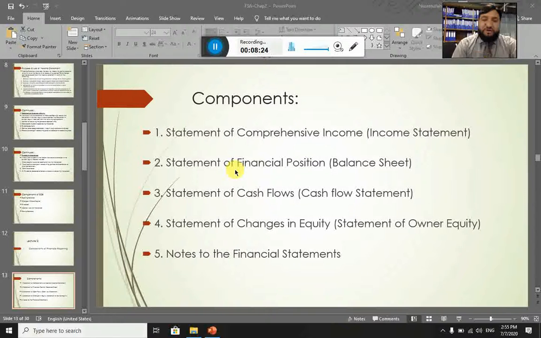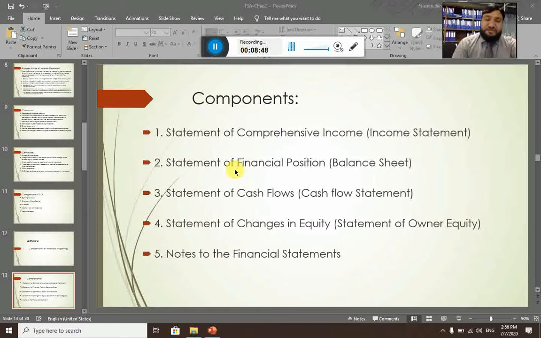Number 5 is notes to the financial statements. These are not like financial statements. They do not have the format of the financial statements, but they are supporting reports to the financial statements. They contain important notes about the figures presented on the financial statement.